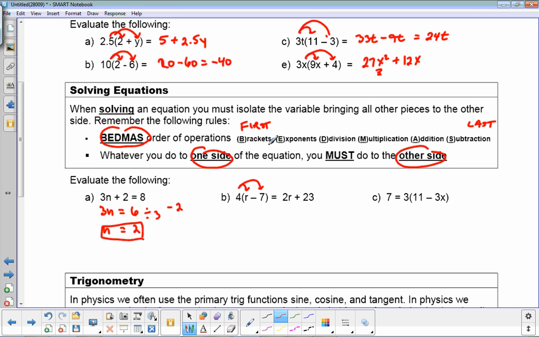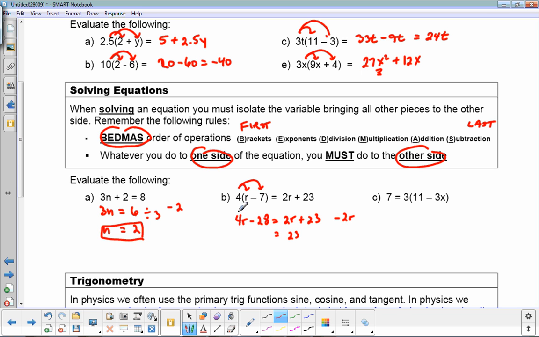Okay, so again, we've got brackets. We have to do that. So 4r minus 28 is equal to 2r plus 23. So what we want to do here, we want to move the r all to this side, so the 2r over here, and the 28 onto this side. So we'll do the r first. To do that, I subtract 2r from both sides. So 2r minus 2r is 0, so you just have 23 on this side.